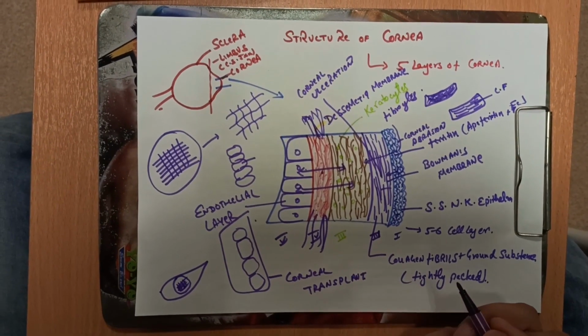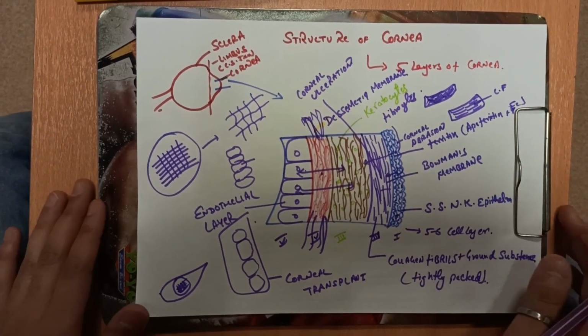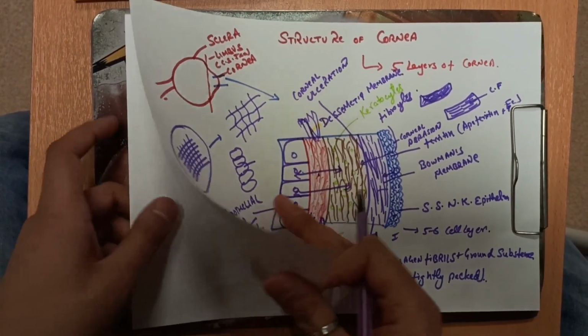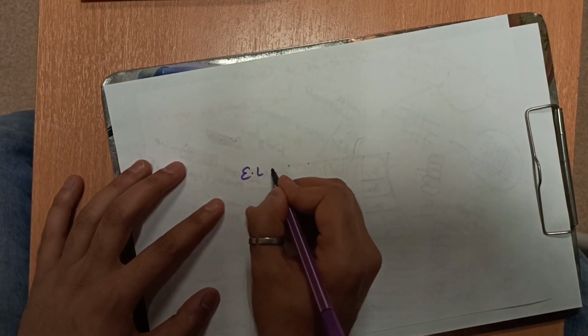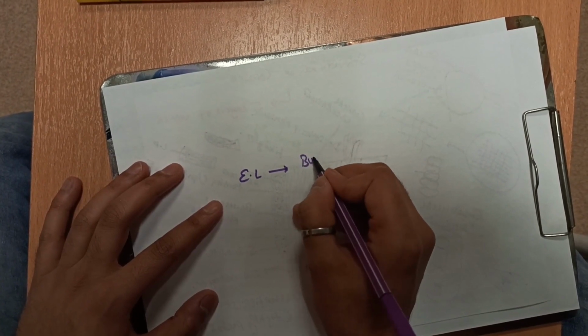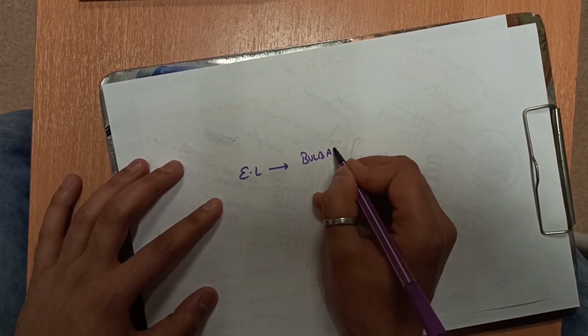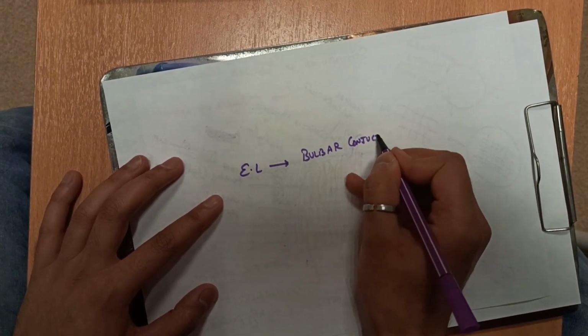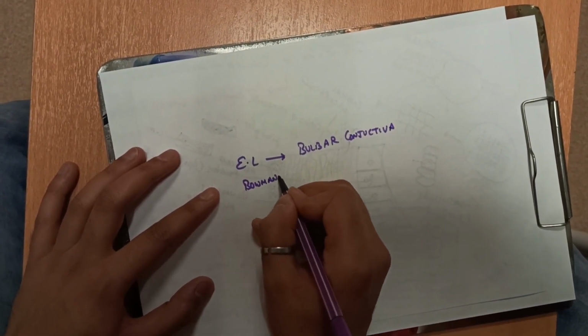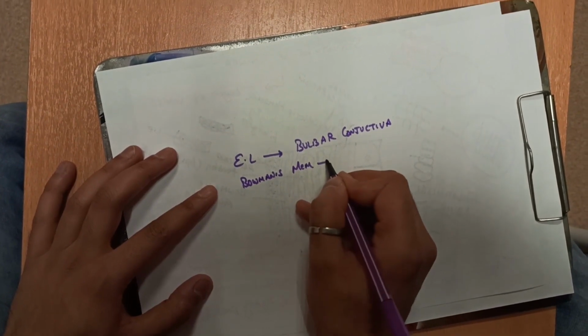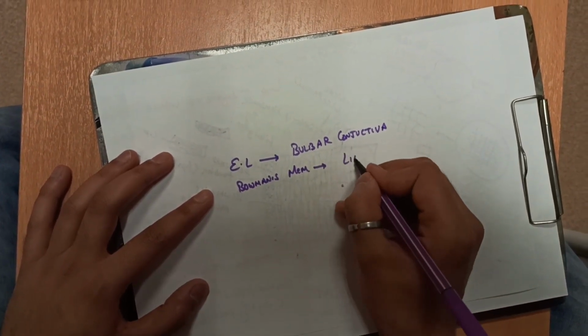Now I will tell you how these layers of cornea eventually attach to the sclera. The outermost epithelial layer will attach to the bulbar conjunctiva. The Bowman's membrane will diminish itself at the limbus.